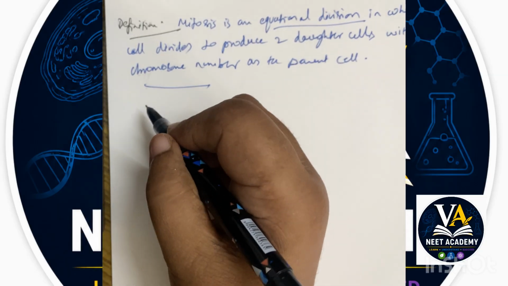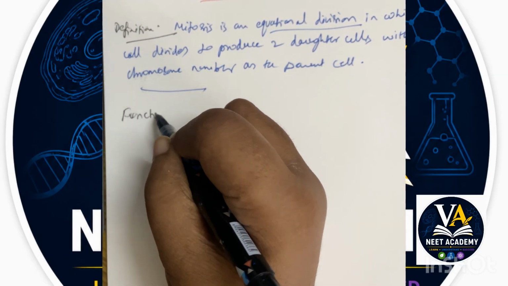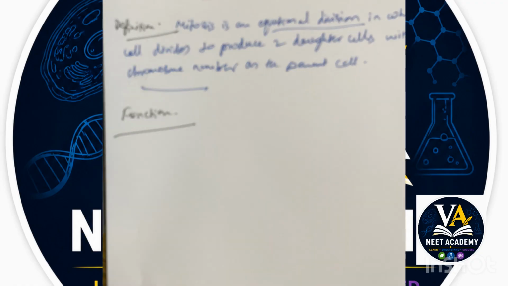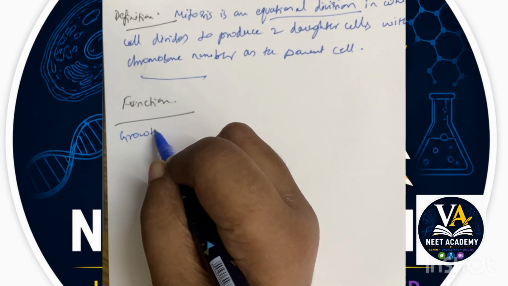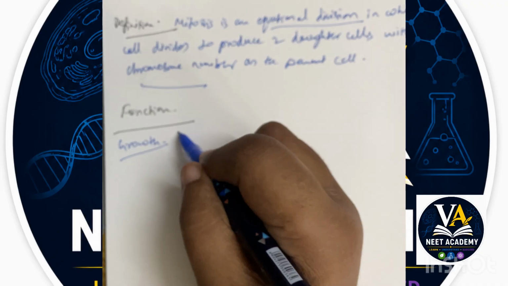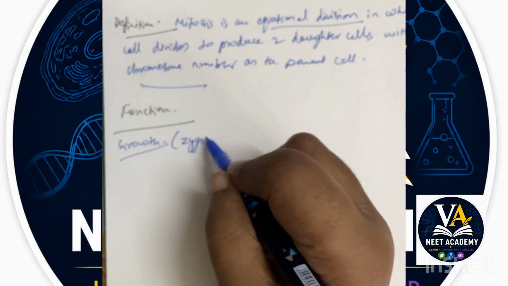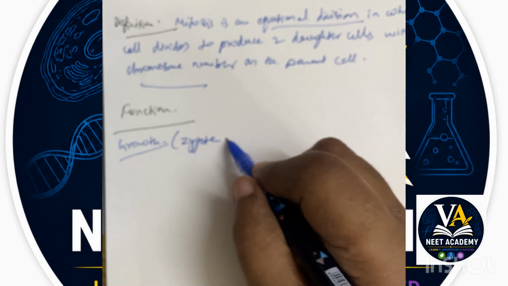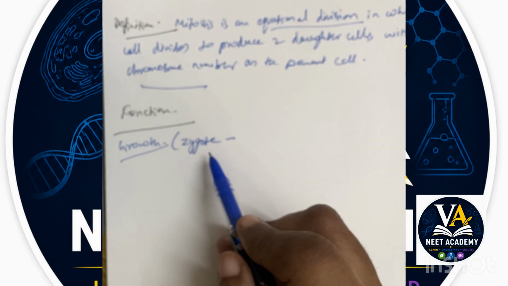So now let us see why do we require mitosis, or in other words, what are the major functions of mitosis. One of the great functions of mitosis is during growth. As I told you in my yesterday's intro video, the one cell stage called zygote is formed by the fusion of an egg and a sperm.